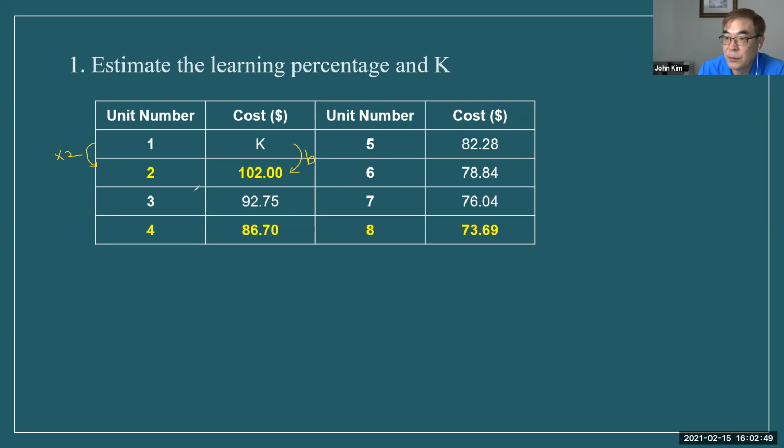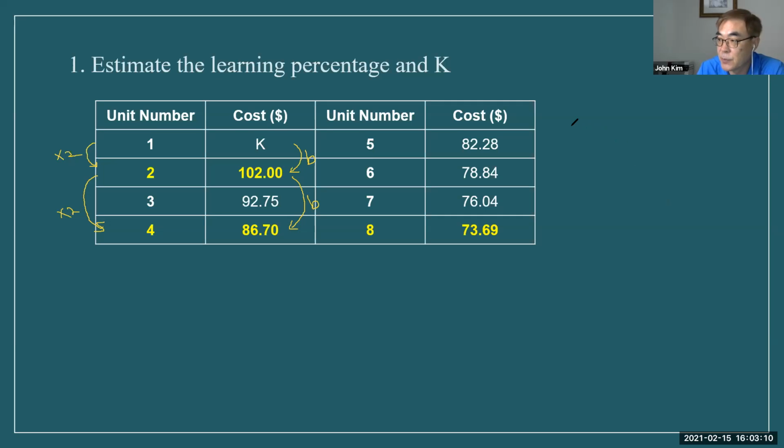From this relationship, we don't know K yet. So first we estimate the learning percentage.